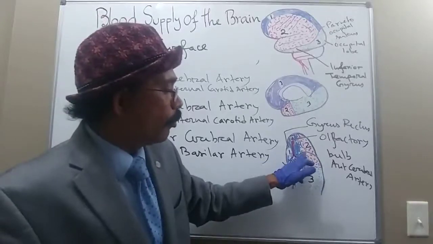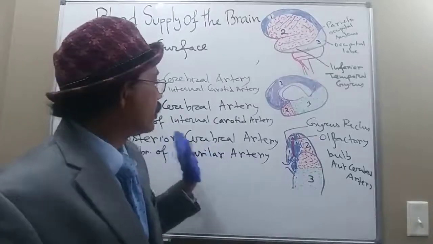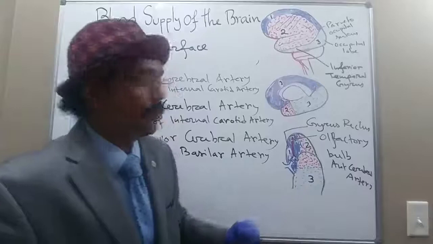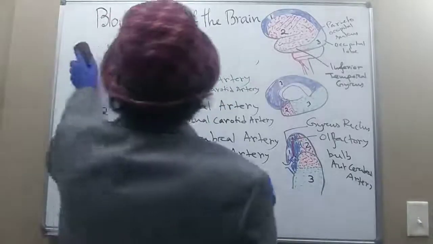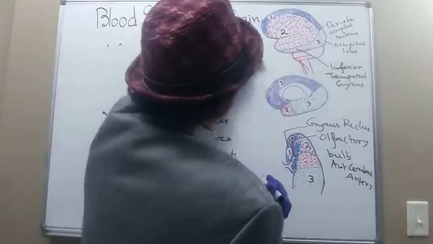Okay, the temporal pole area is supplied by the middle cerebral artery, but the rest of the part is supplied by the posterior cerebral artery. We got the blood supply of the brain. Now we'll go to the blood supply of the cerebellum.